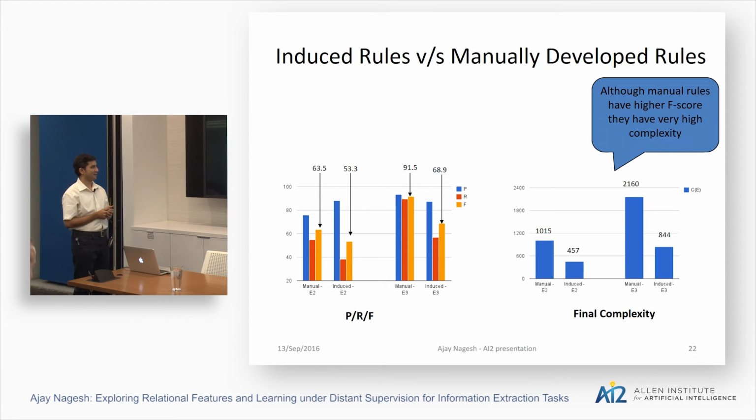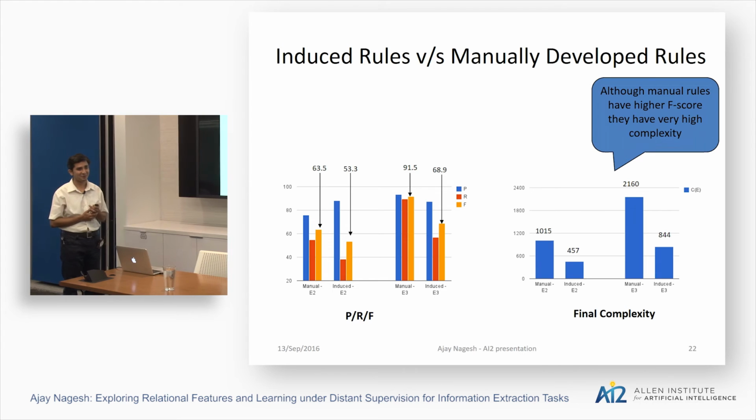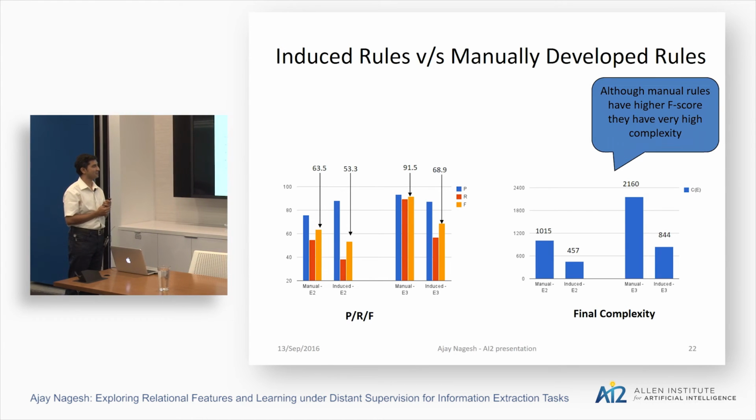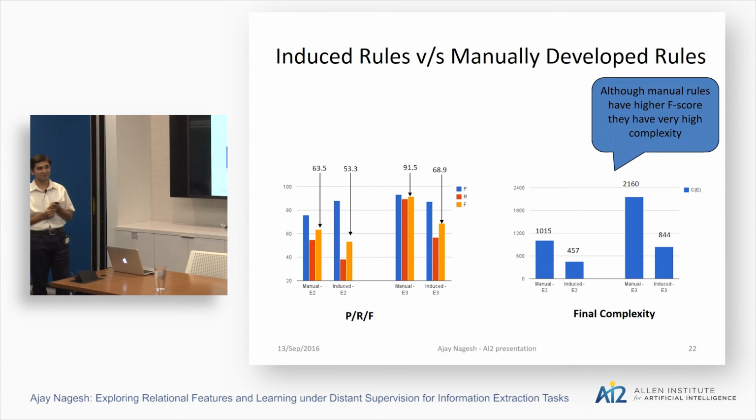Yeah, so this is something that I keep getting on and off. So, why are we doing something which does not beat the state of the art? When we started out this work, our motivation was not to beat the state of the art, but to actually come up with an initial set of rules that could later be tuned and improved upon.